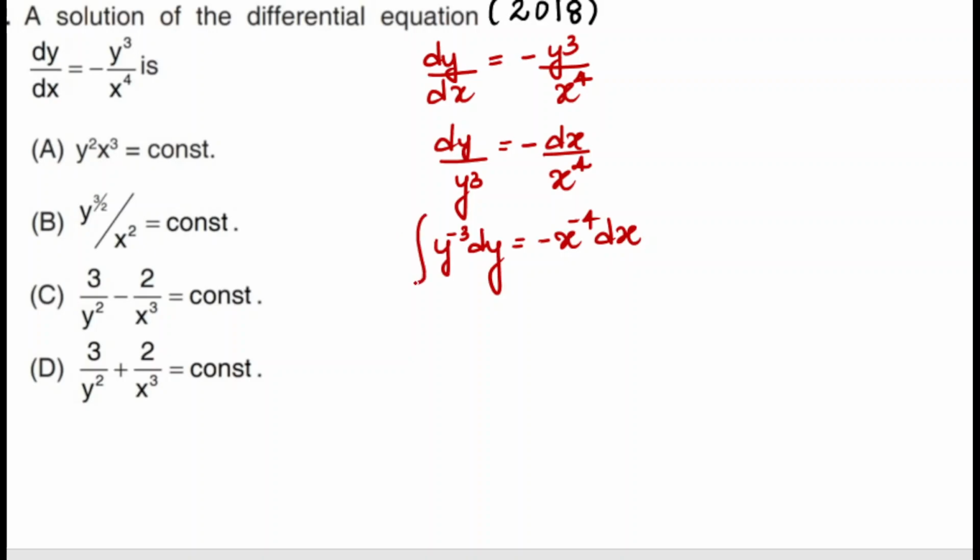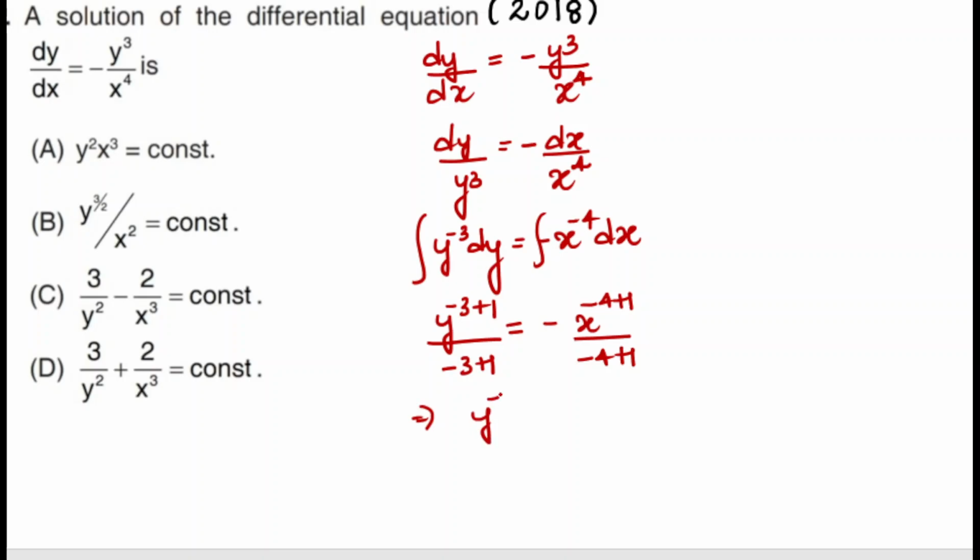Now on integration, what we get, y to the power of minus 3 plus 1 divided by minus 3 plus 1, that is equal to negative of x to the power of minus 4 plus 1 divided by minus 4 plus 1.